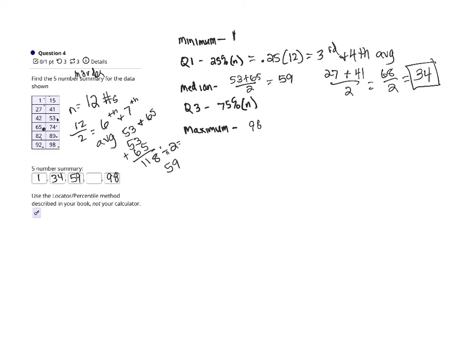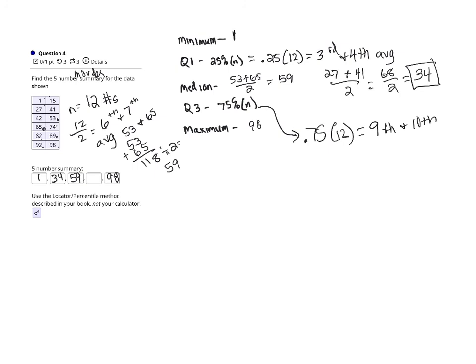Now, to find the quartile 3, we're using 0.75 times n, which is 12. We multiply that together, and that gives us 9. Can't use 9 because it's not a decimal number where you go up 1. So we're going to do the 9th, and the next one, the 10th, and average those two together. So the 9th and the 10th: 2, 4, 6, 8.